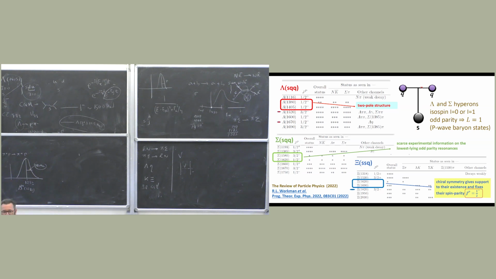And you need to solve the Schrödinger equation that puts in many insertions of this potential, right? It does the ladder sum for you.